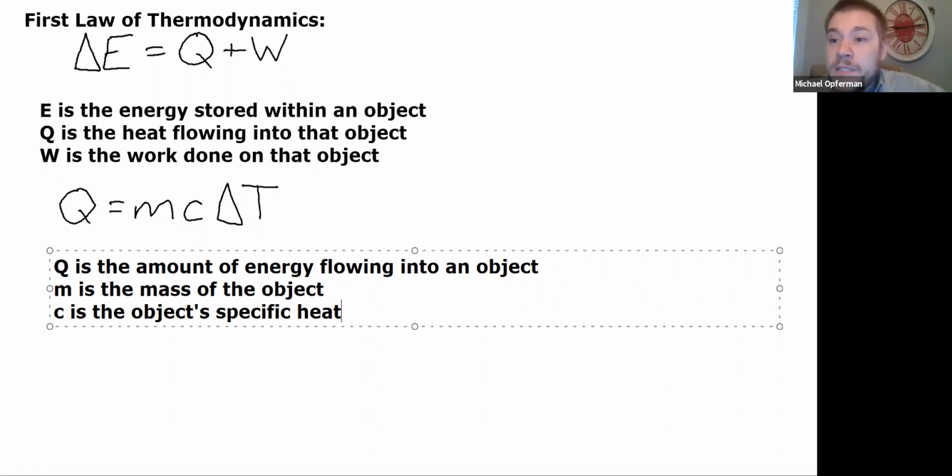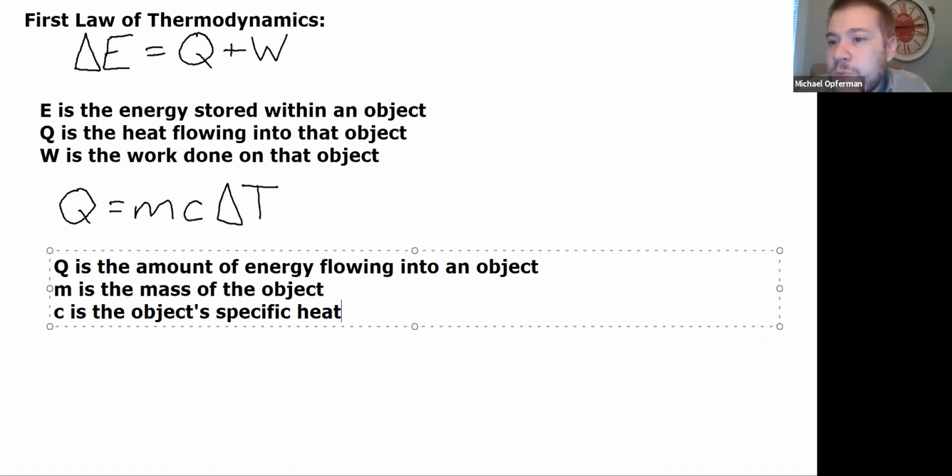You can look up a table: there's a specific heat for iron, for copper, for bone, for whatever material you might want to name. And that specific heat tells you how much energy that material can absorb before its temperature starts going up, basically. It tells you how much energy a material can store given its temperature.